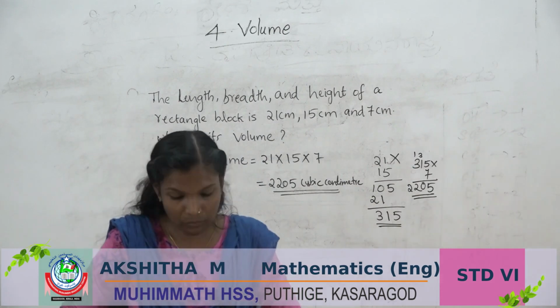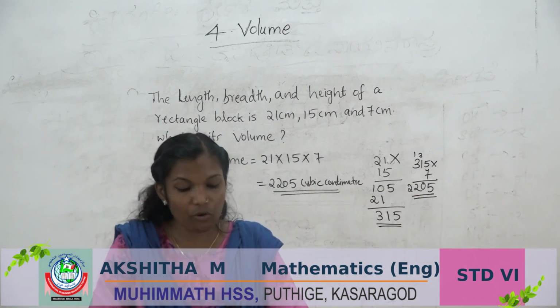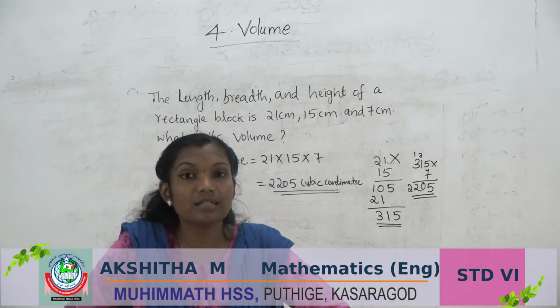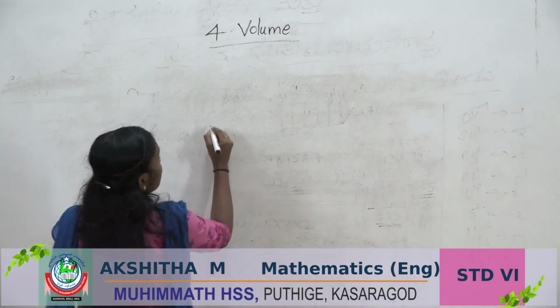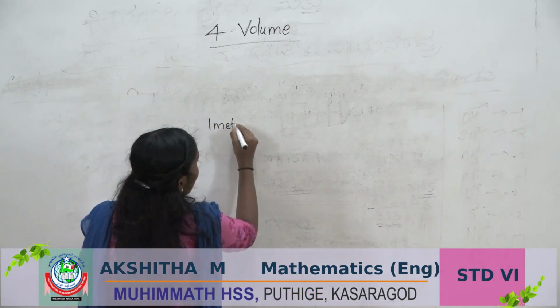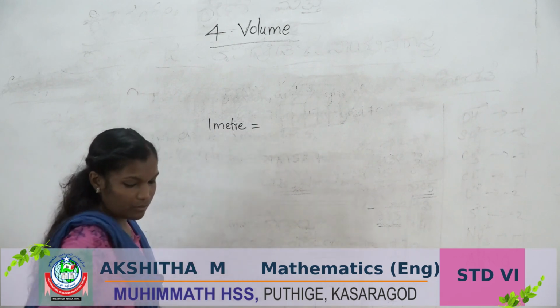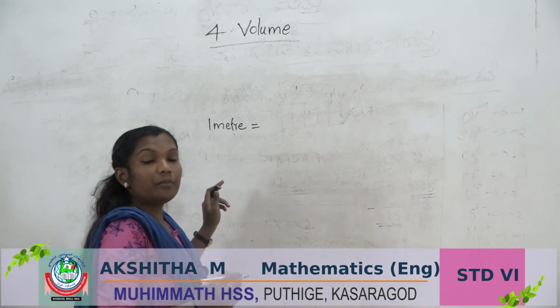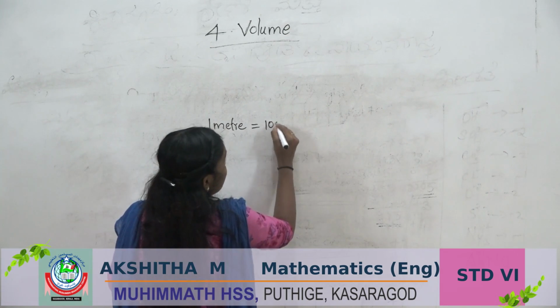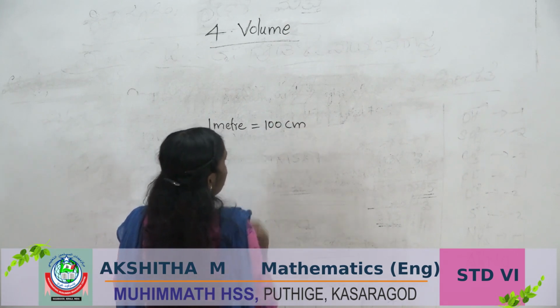Is it clear now? What is the volume of a cube of side 1 meter? We already know that 1 meter means 100 centimeter.